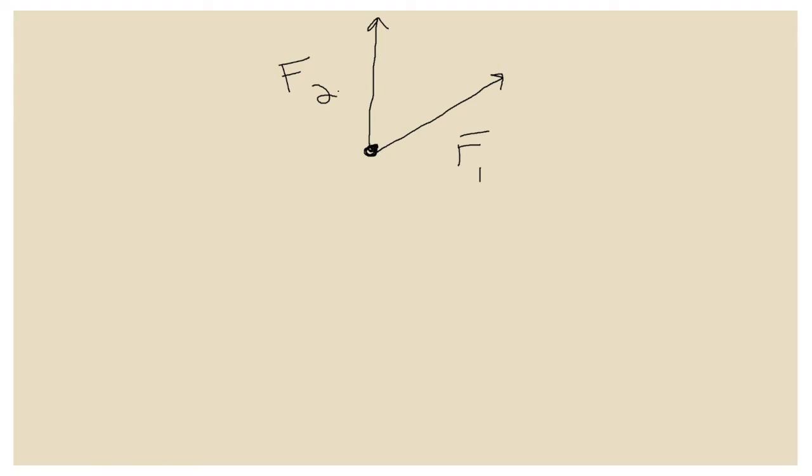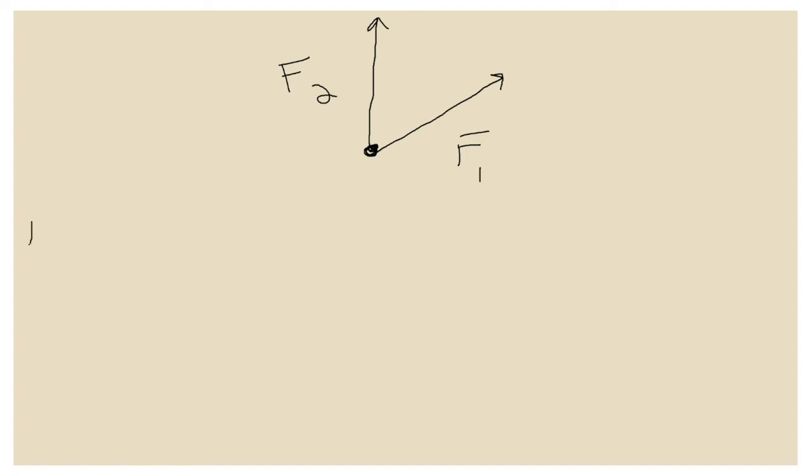If they're oriented like this, for example. And so when vectors are oriented like this, we need to use a much more mathematically detailed method for solving for the net force or the resultant vector.